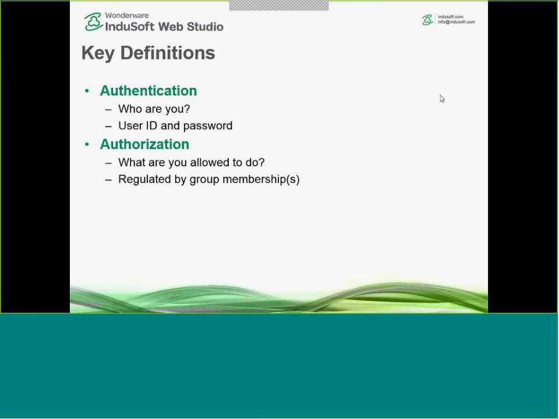Authentication is basically the ability to know who you are. We do that through the process of allowing you to configure user IDs and passwords. And when the user logs in, they put a user ID and password into the system, and as long as it's a valid user ID and password, then we know who you are.